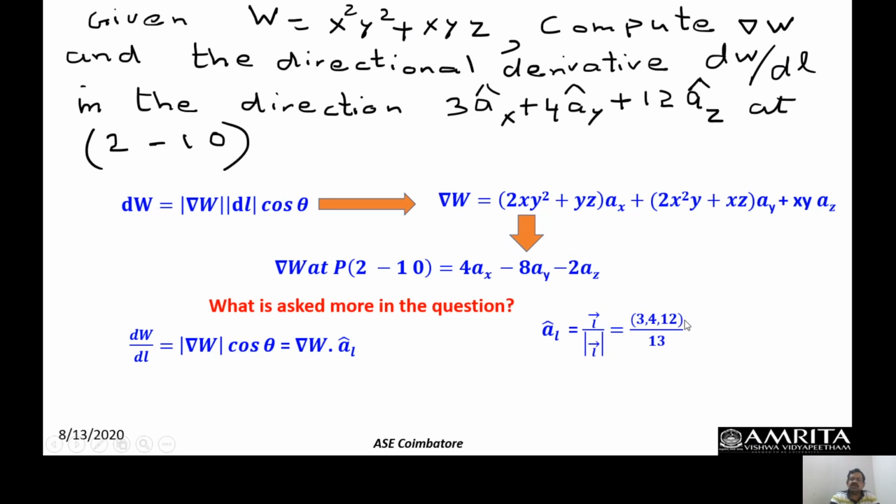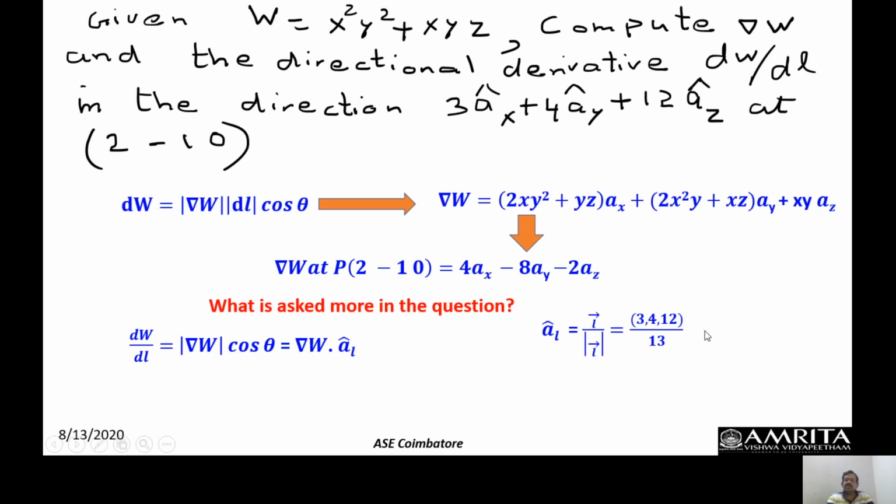So it is 3ax plus 4ay plus 12az divided by the mod of this vector, which will be the square root of 3 square plus 4 square plus 12 square, which is root of 169, and along the increasing direction it is plus 13.